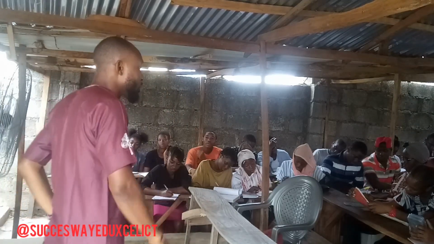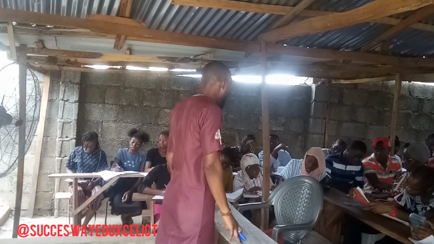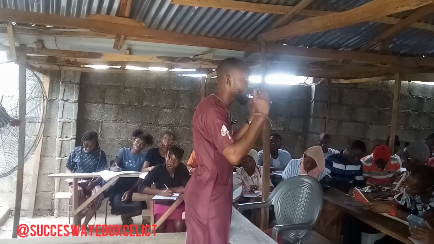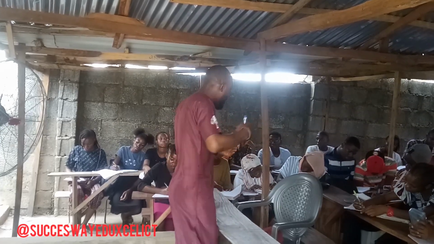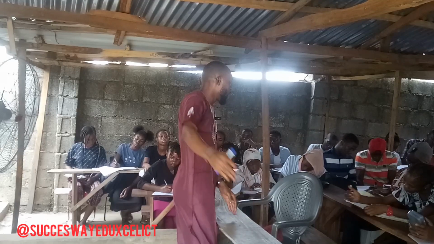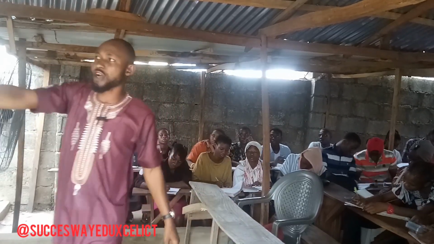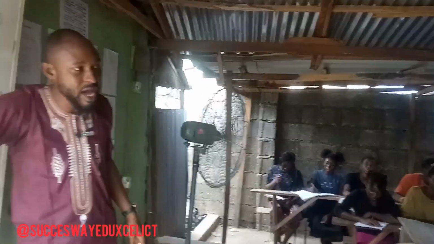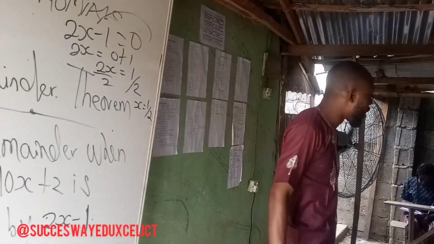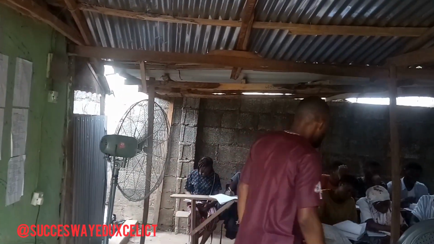The remainder theorem. Only when you are asked to look for the remainder of a polynomial. Don't bother yourself doing the long division before arriving at the remainder. All you need to do, use the remainder theorem by substituting the value of x into the polynomial given to you. Then you solve accordingly.